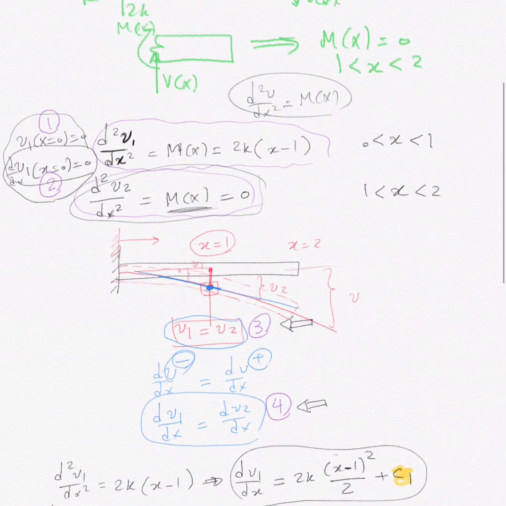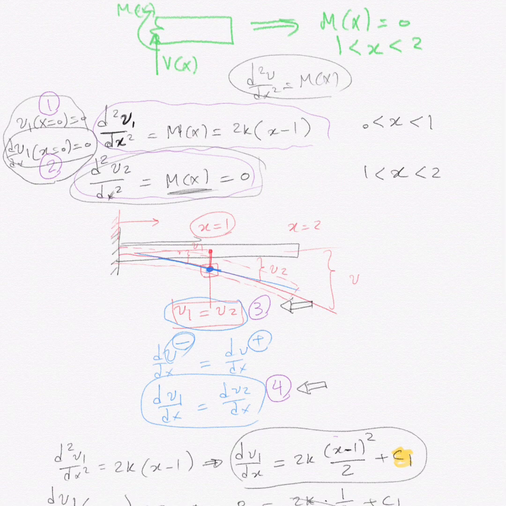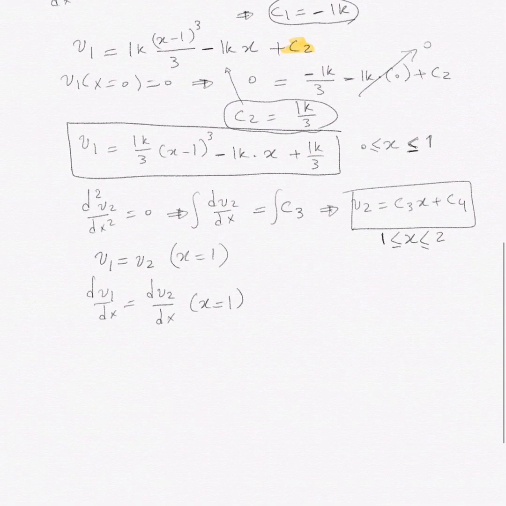And don't forget x equal to 1 is exactly in the middle, right? So as at x equal to 1, v1 is equal to v2, again at x equal to 1, these are two additional equations. The derivatives should be the same too, right?